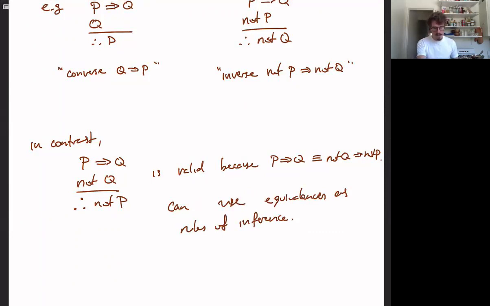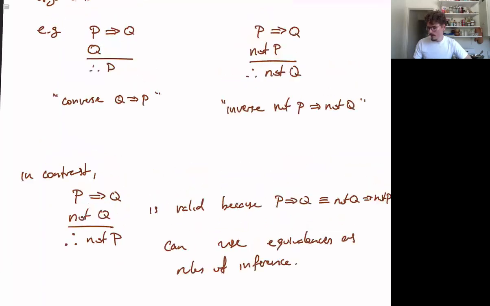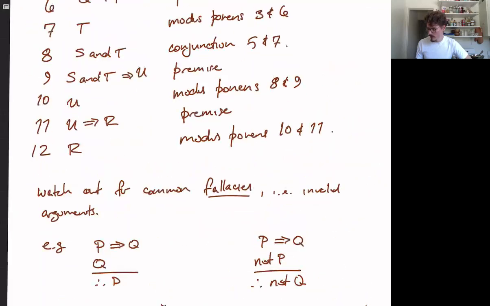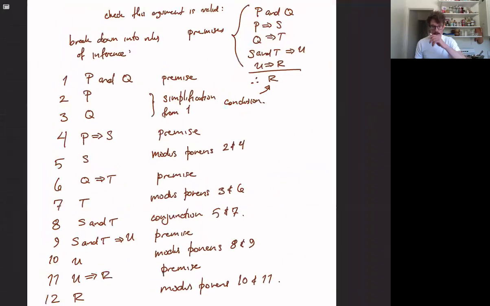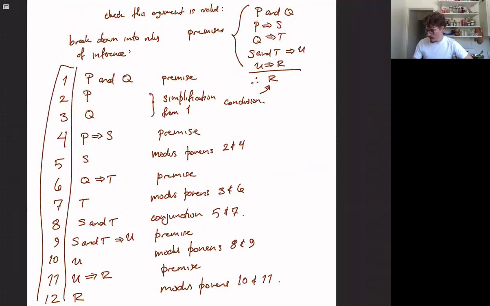First of all, let me answer quickly a question in the chat that I missed at the time. If we go back up to this part where we're breaking down this argument in terms of rules of inference, these numbers and these numbers are the same.